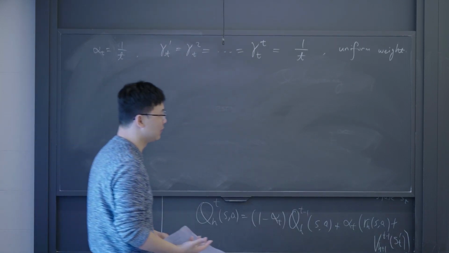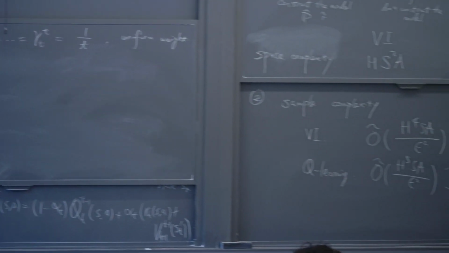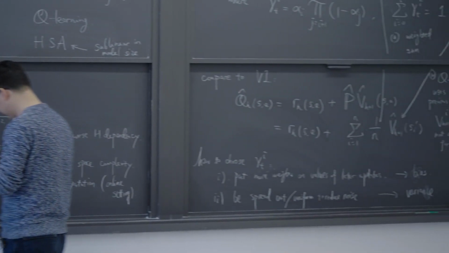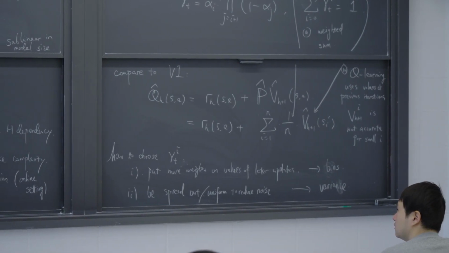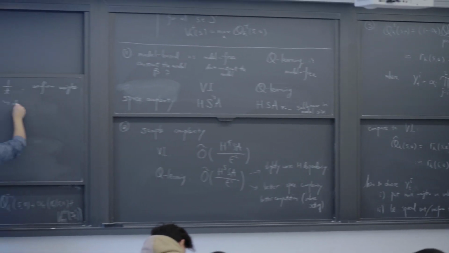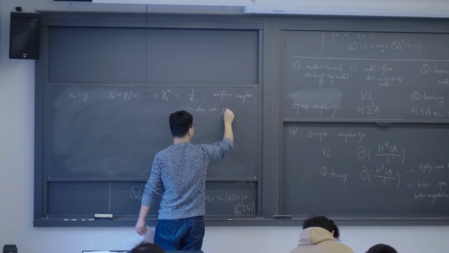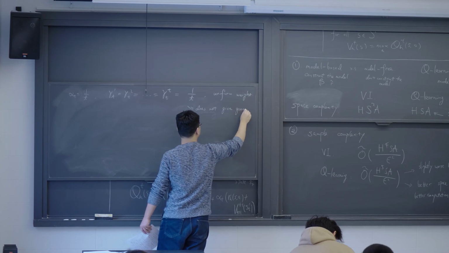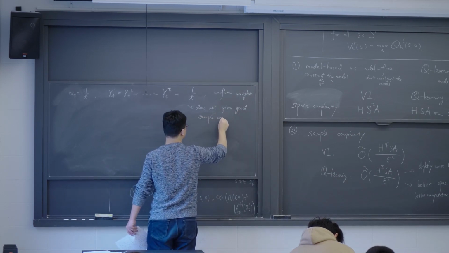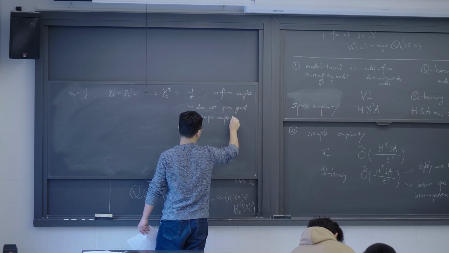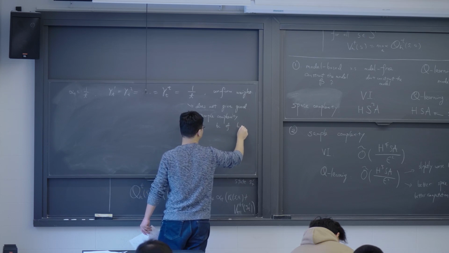And essentially, we're very good at variance, but somehow we're not very good at dealing with bias. Actually, this rate does not give good sample complexity because of bias.